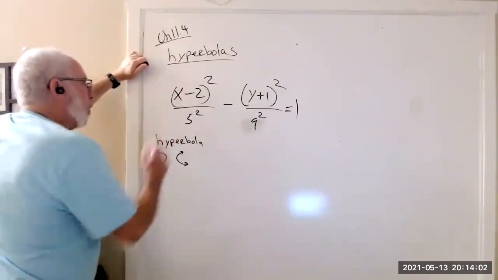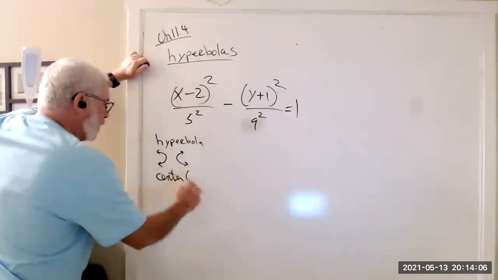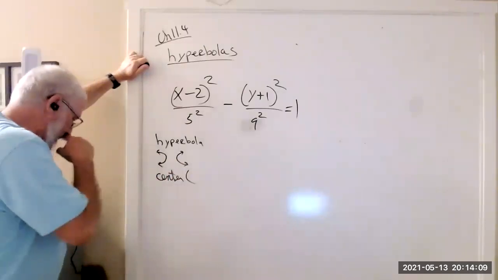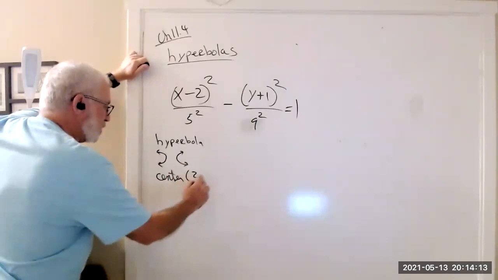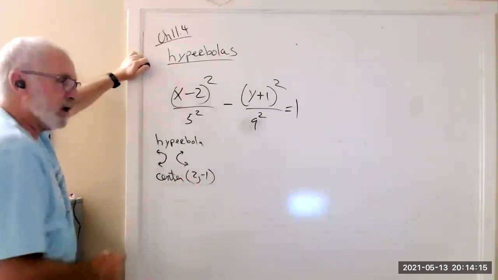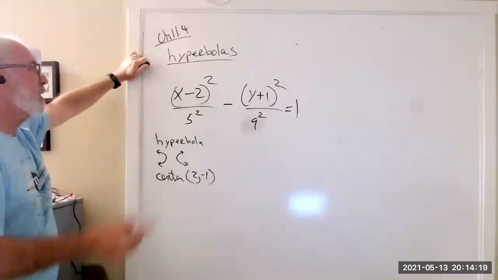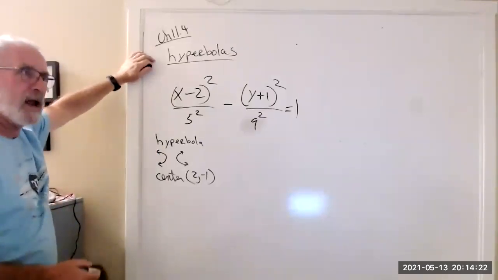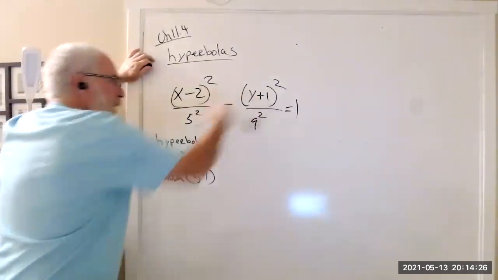Okay. What is its center? Even though we don't know what the heck a center is, what is its center? 2, -1. Good. 2, -1. Is that okay for everybody? I mean, we don't know what the center of a hyperbola looks like right now, but it's going to be that H, K again.